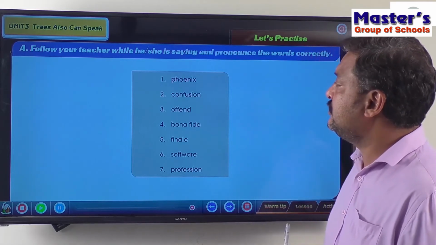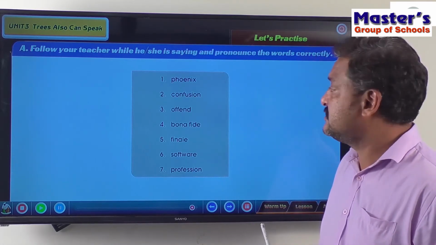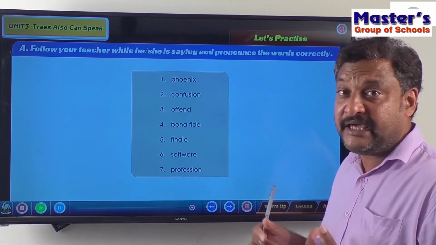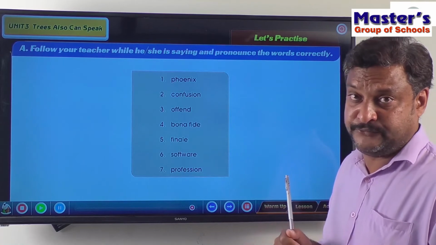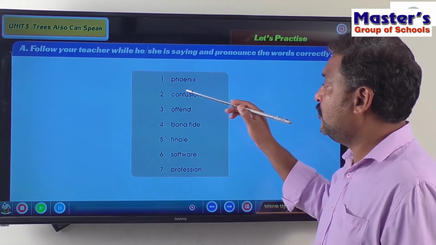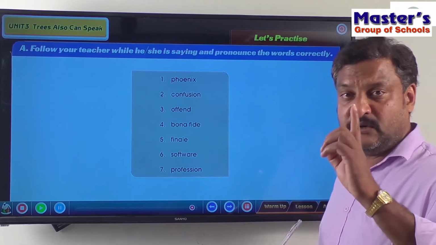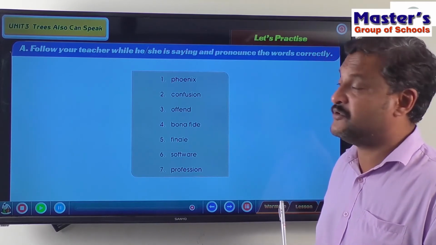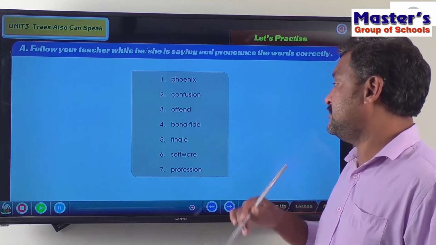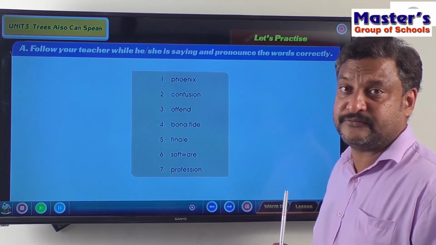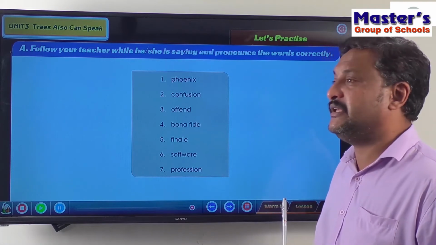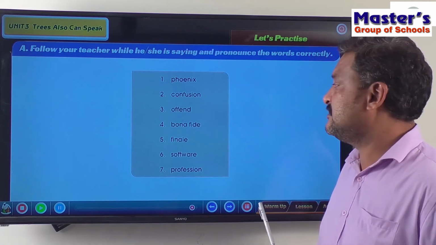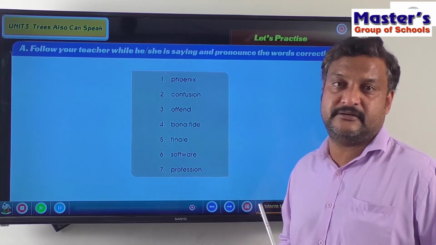Now, what do we use to make this sound? So in the first word we have PH. PH is making the sound F. In the second, confusion, only one F is there, and that single F is making the sound F. Offend has 2 Fs: O, F, F, E, and D. So the combination of 2 Fs together is making the sound F there.